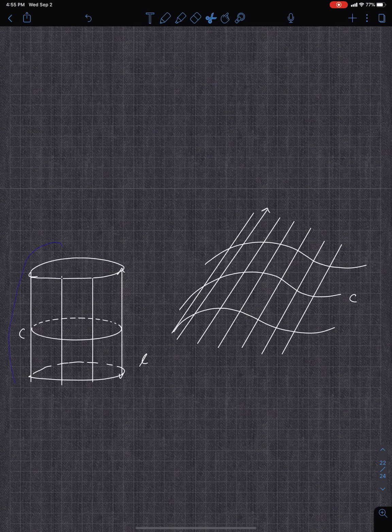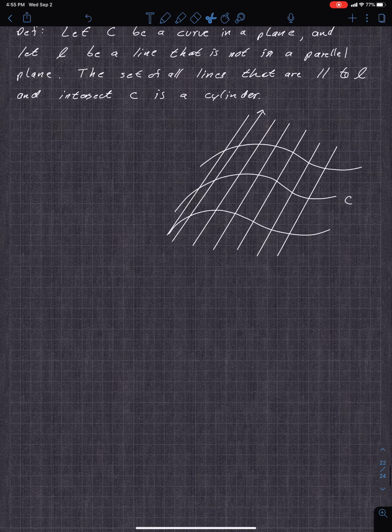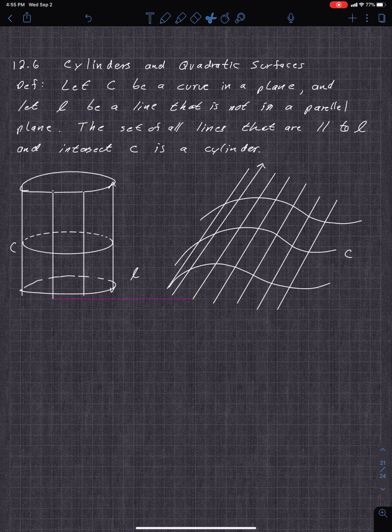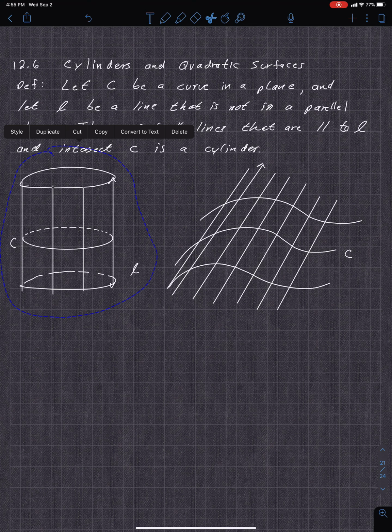So sometimes I draw this first. This is what we normally think of as a cylinder, or at least a right cylinder. But it doesn't even have to be that shape or even slanted. So here's like your line, okay, and then here's your curve. Well, start off with the curve. So here's your curve, would be like a circle, and then you have a line, and then the set of all lines parallel to it, right?